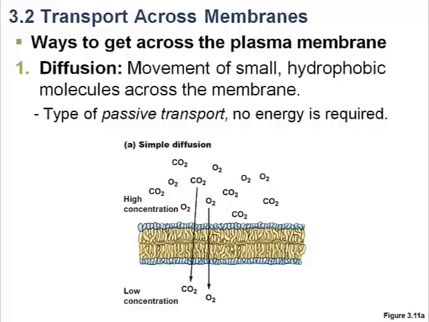CO2, for instance, is a very small hydrophobic molecule that can pass across that plasma membrane without any trouble whatsoever. Steroids are another example of a very small lipid that is very hydrophobic, very water-hating, and can cross that plasma membrane. This should make sense to you if you think about it, because the interior of that plasma membrane is a water-hating region, and therefore molecules that are water-hating can make their way into that region and pass through it without any trouble whatsoever.